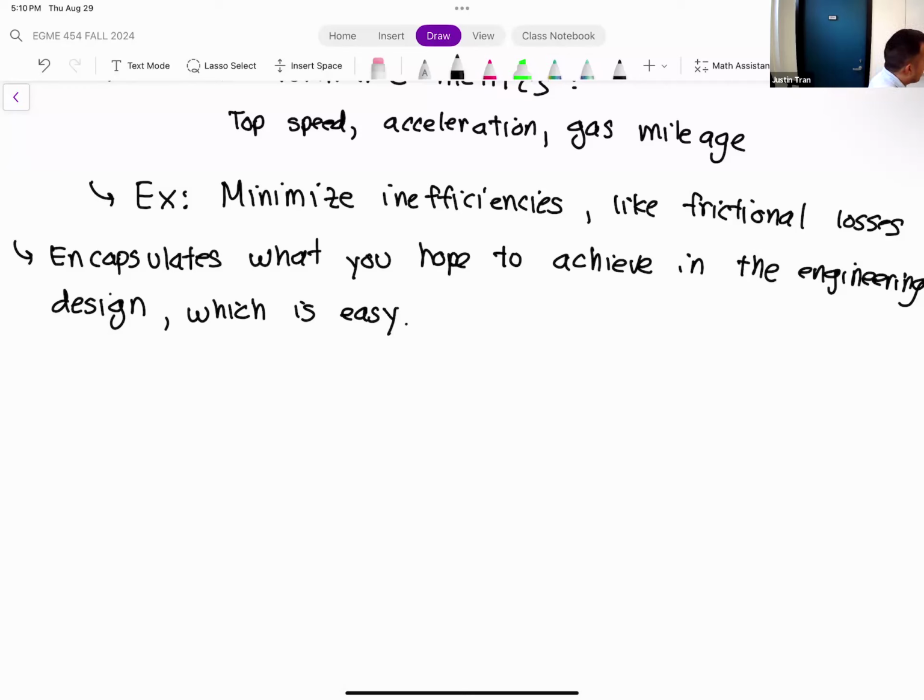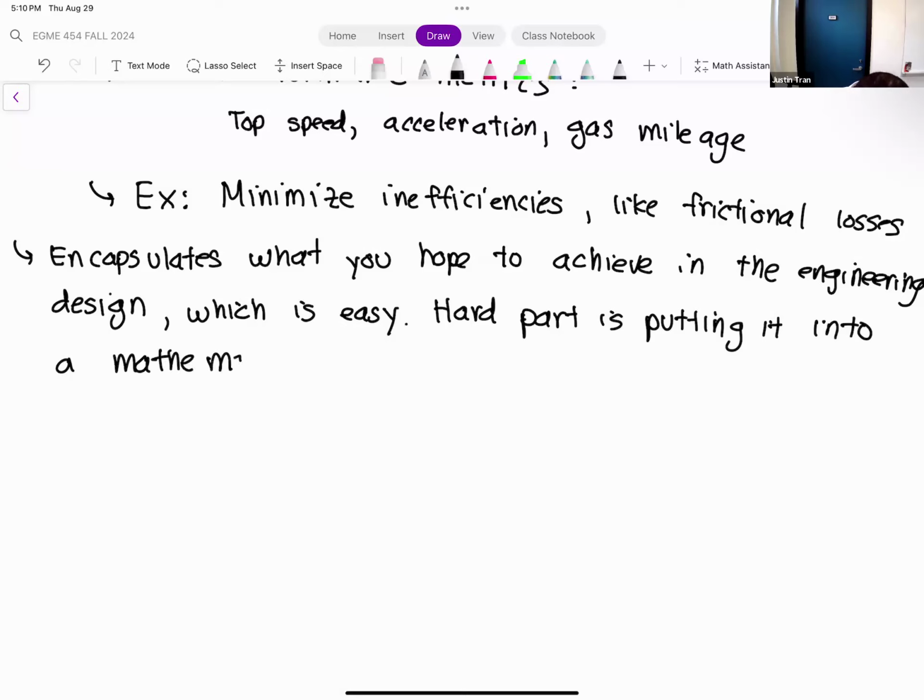The hard part of objective functions is actually putting it in a mathematical form that you can actually work with. Because oftentimes, especially for the early parts of the class, that mathematical form has to incorporate your design variables in some way.